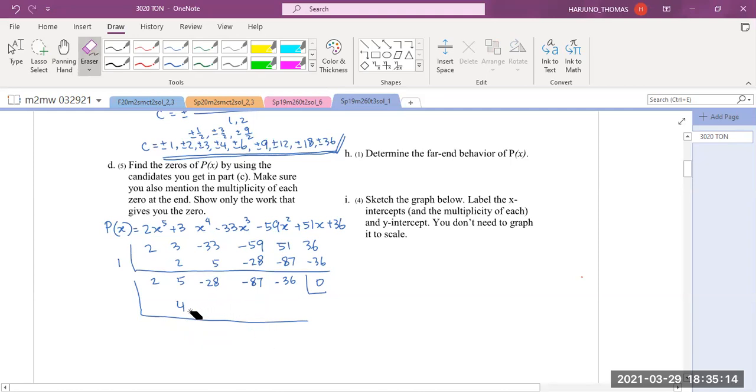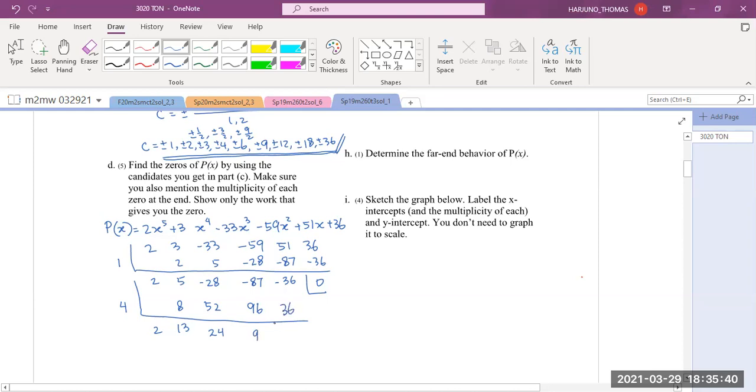Should I try 3 or 4? Maybe I try 4. This is 52, so that's 24, that's 96. Is it right? Yeah, that's 96. That's 9, 36.